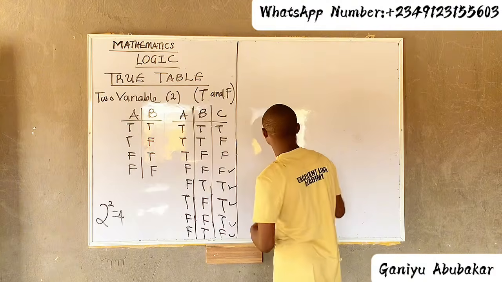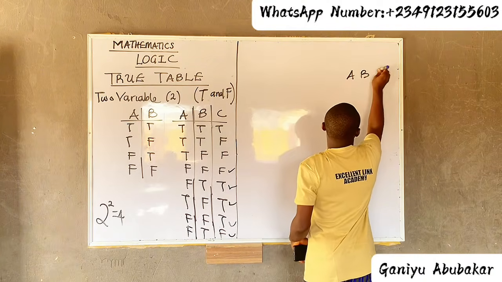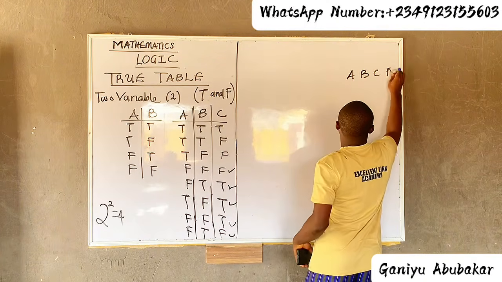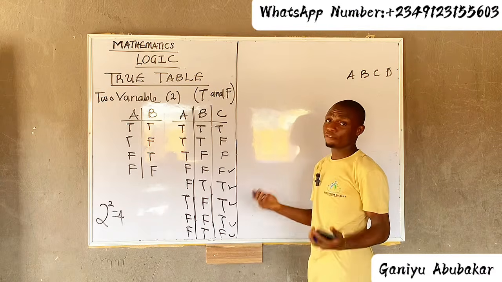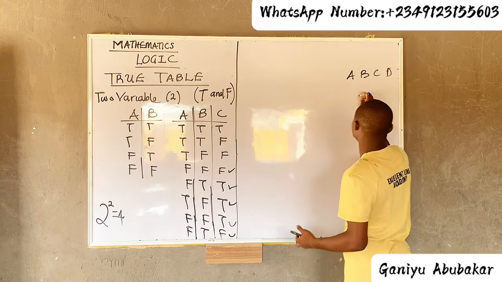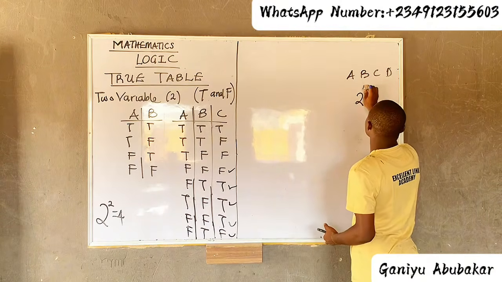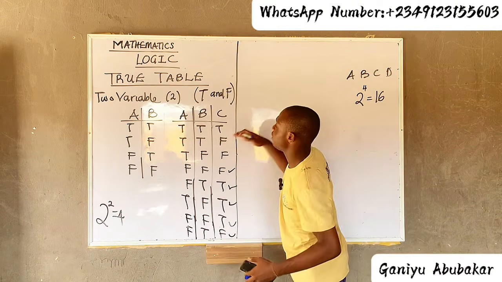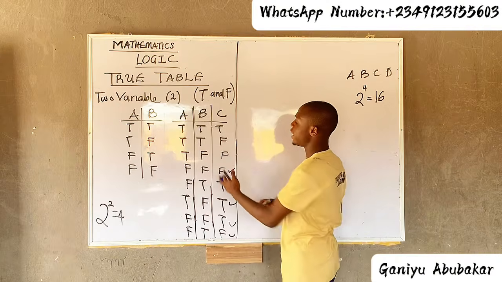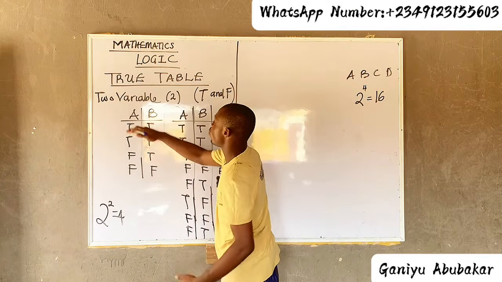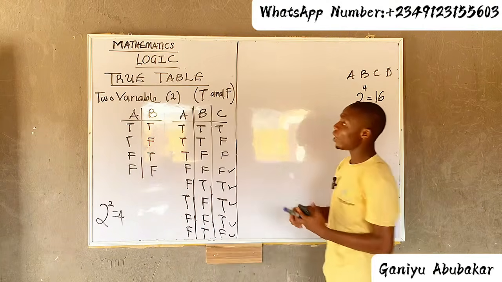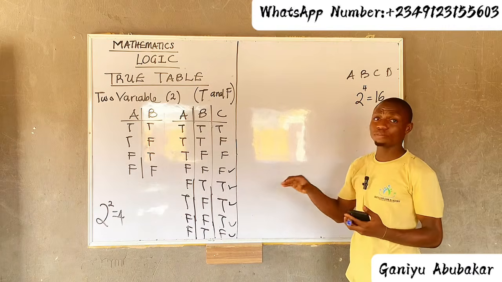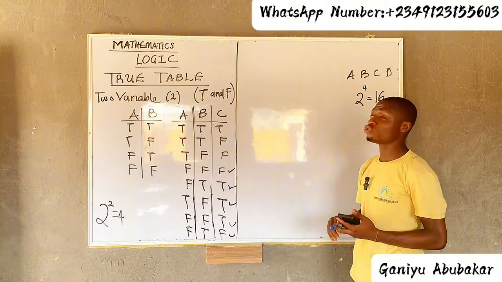So if I give you A, B, C, D, and I ask you to arrange this in terms of true and false, by the way, this becomes 2 power 4. This will give us 16. So I'm expecting 16 what? Rows. Yes, 16 rows, not 8 rows, not 4 rows. So this is basically how you distribute true and false when it comes to truth table.